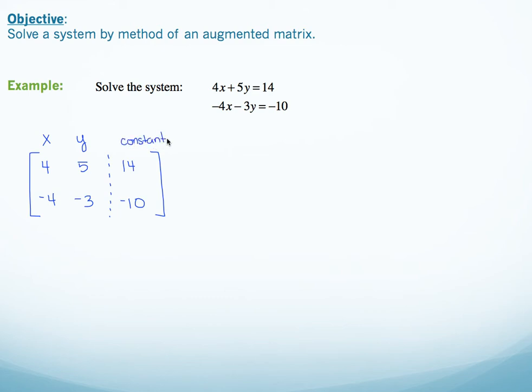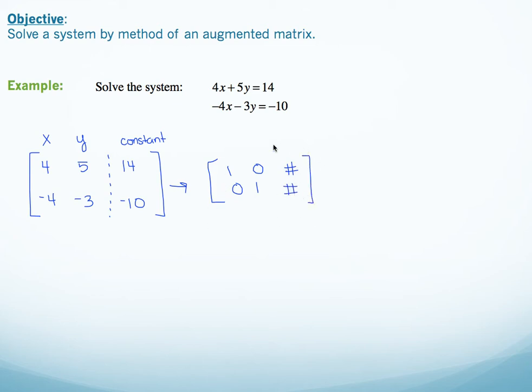Alright, so what we're going to do is what's called RREF, which stands for row reduced echelon form. We're going to reduce this augmented matrix down to another matrix that looks like this: 1, 0, 0, 1, and you'll get some number and some number. Let me explain what this means.